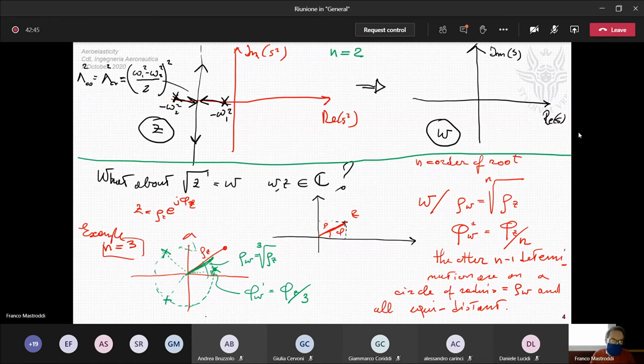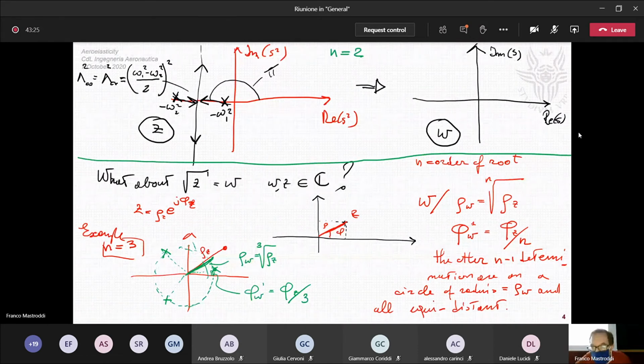But you can apply this rho because you have an amplitude of this number. So the result is a number having the square root of the amplitude. So the square root of omega squared is omega. And for the phase, you have to take the phase of this angle here. Look, this phase angle is pi. Therefore you have the first solution with the phase equal to pi by 2.